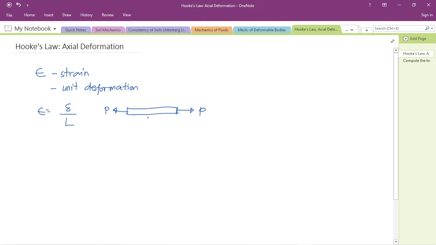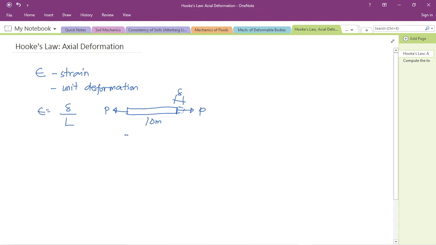So, let's say the original length is 10 meters. Syempre, once tensile force is applied, magkakaroon siya ng change in length, which is the delta or the change in length.